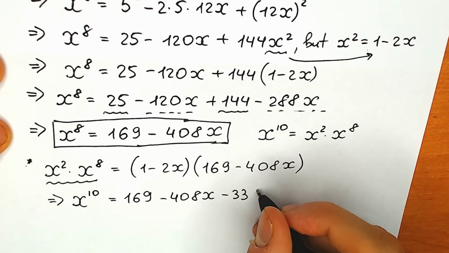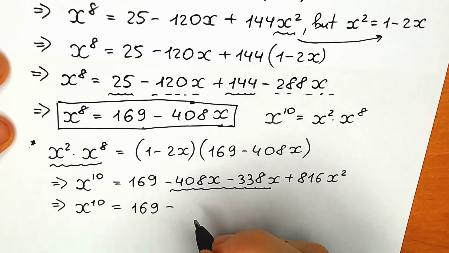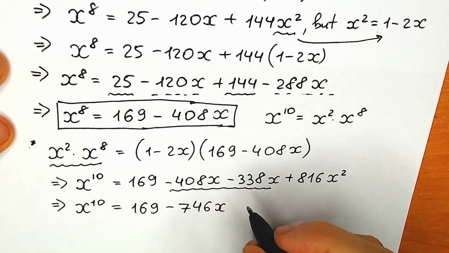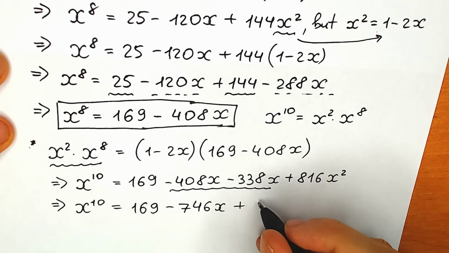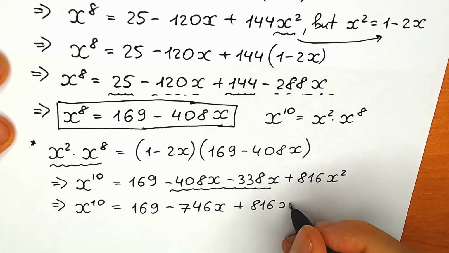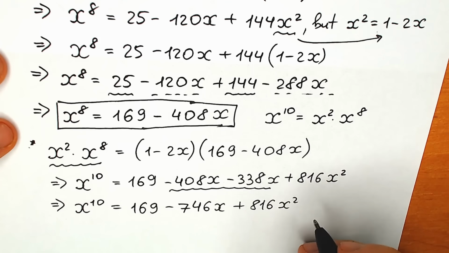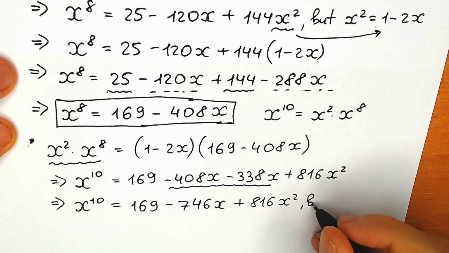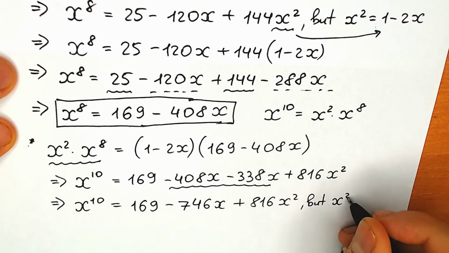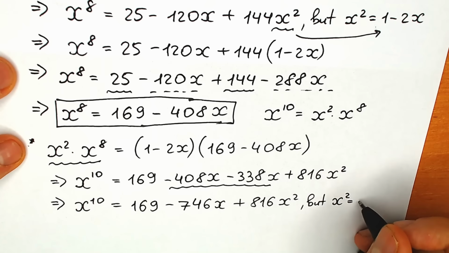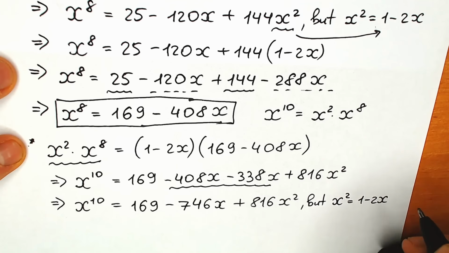Okay, from here we have x to the power 10. Right now let's simplify this expression in the middle step by step: 169 minus 746x and plus 816x squared. And using the same logic, x squared helps us to reduce a power, but x squared equal to 1 minus 2x.